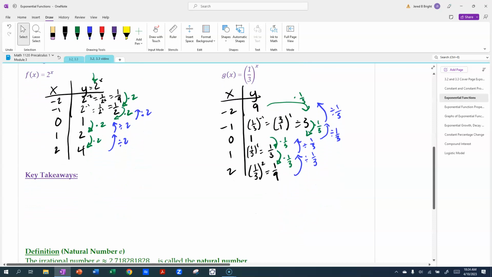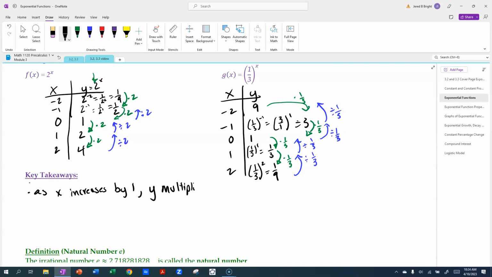So key takeaways is that, as x increases by 1, y multiplies by b.